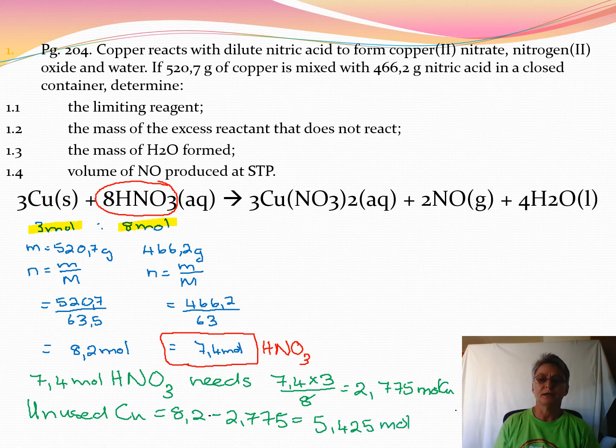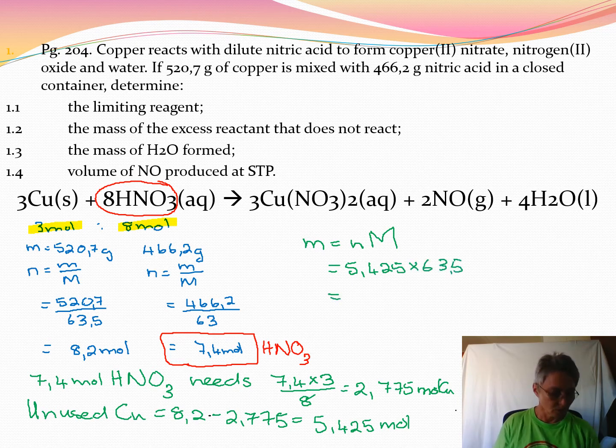Now to change that into a mass, the mass is moles times molar mass, so it's 5.425 times 63.5, which gives us 344, and I'm going to round it off, 344.5 grams of copper that was not used.